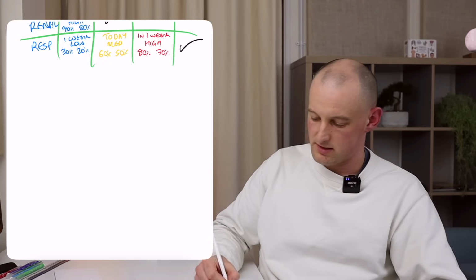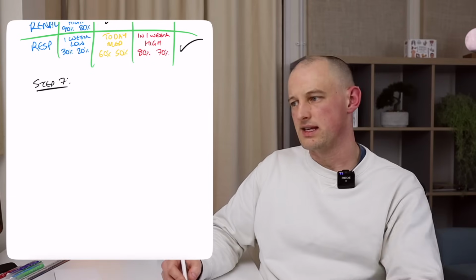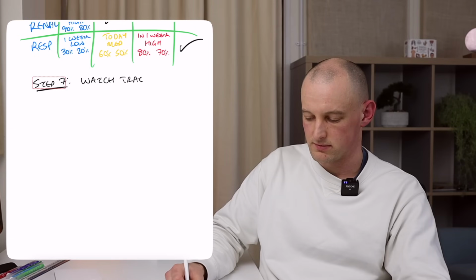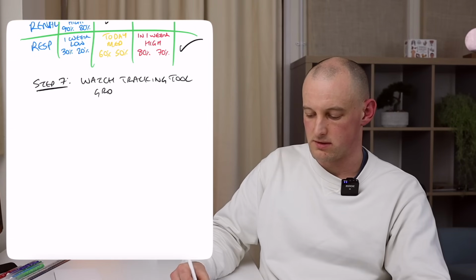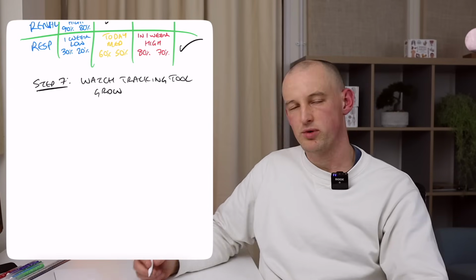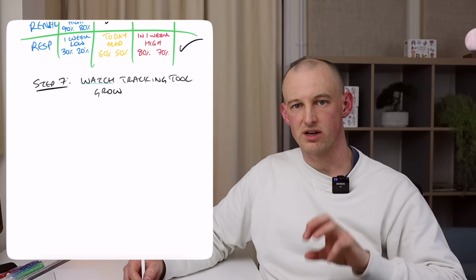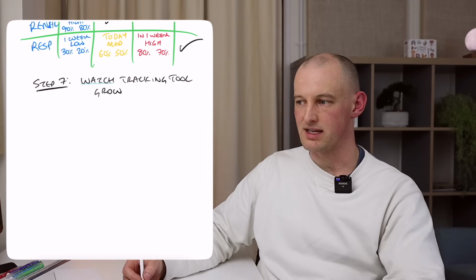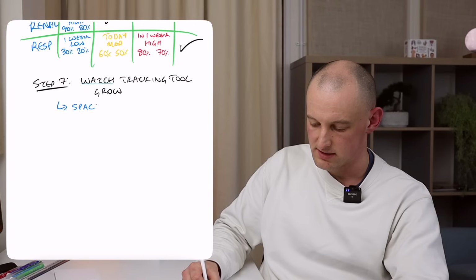Then we go to step 7. And this is watch your tracking tool grow. At this point, you're just filling in all those boxes, going for your weakest area and the area that it's been longest since you studied before. So you keep doing spaced repetitions.